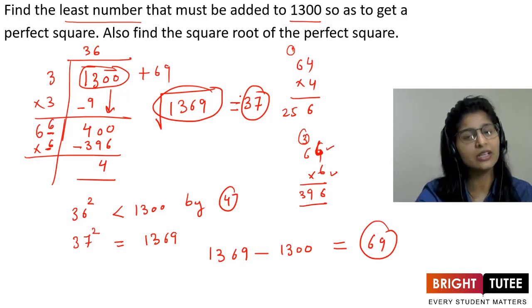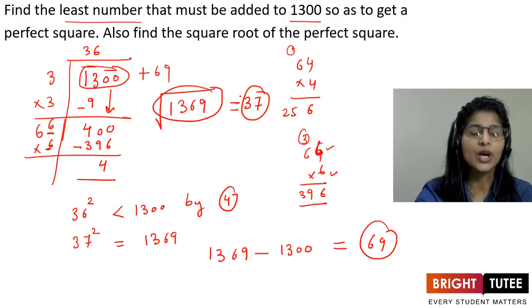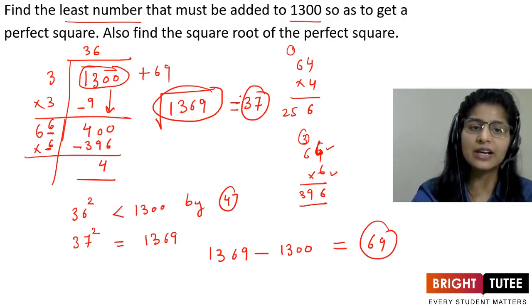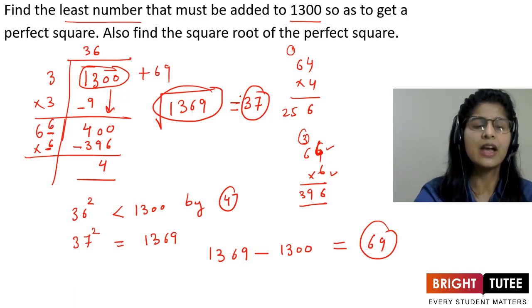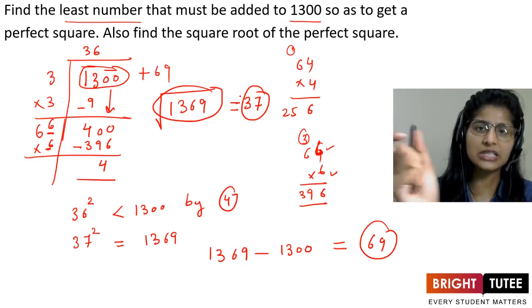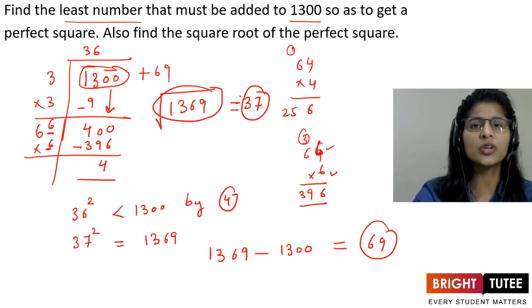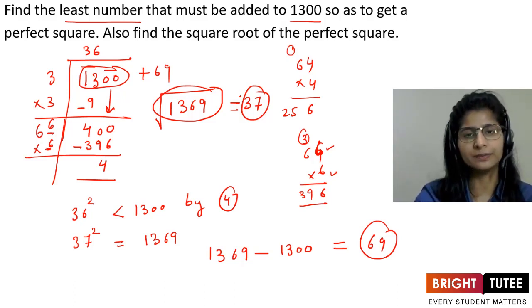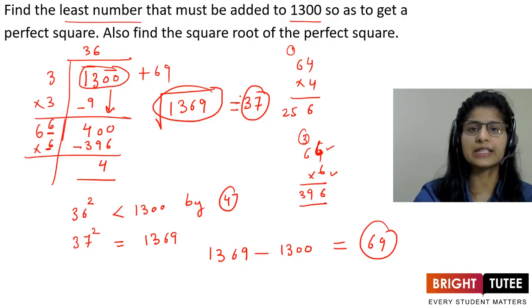We need some number to be added. So after 36, you think of the next number, that is 37, and the square of 37 is 1369, and from 1369 you are going to subtract 1300. So 69 is the number that should be added to the given number so that it becomes a perfect square, and the square root of 1369 is 37.